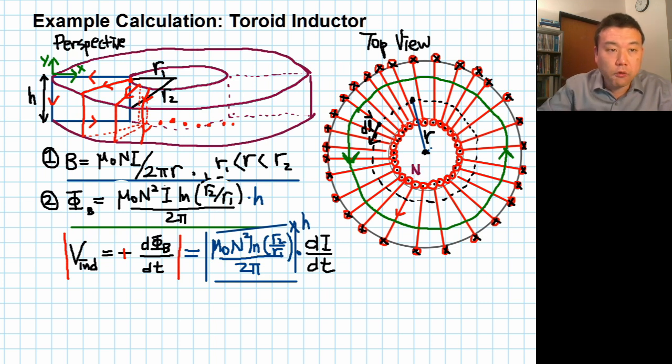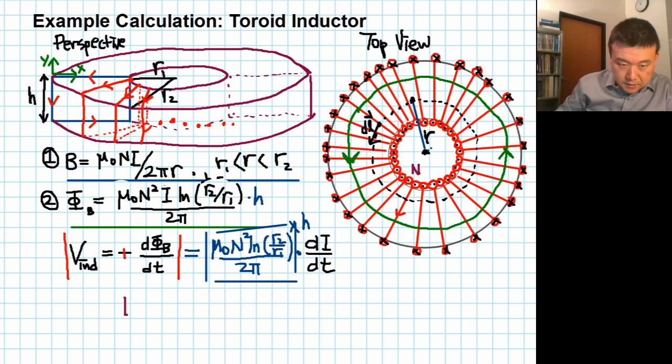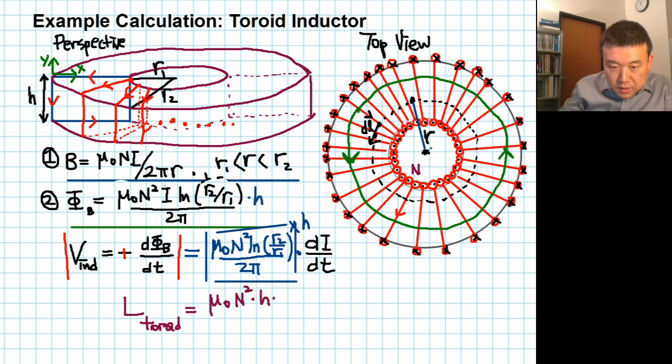So in terms of all those quantities, the inductance of the toroid is given by mu naught n squared times h times natural log of r2 over r1, divided by 2 pi.